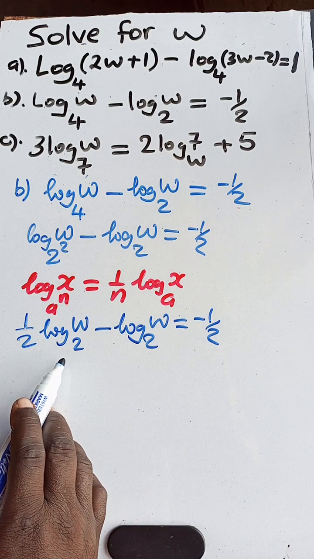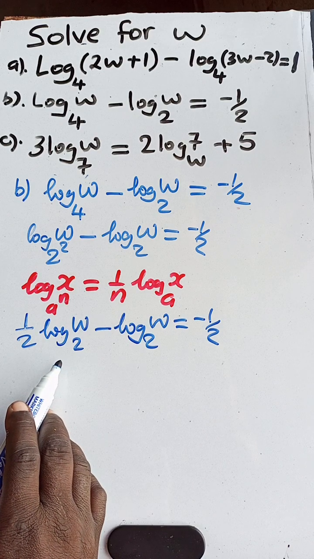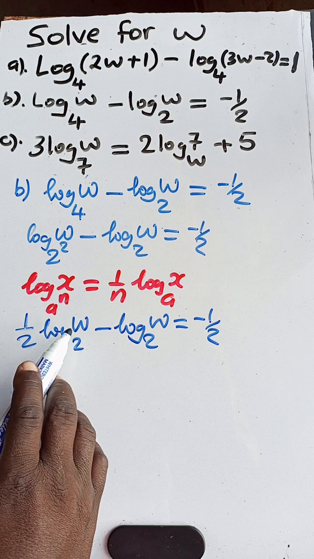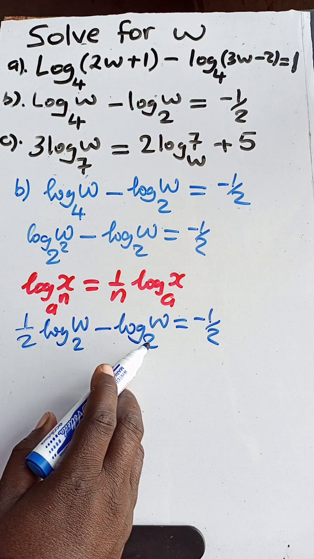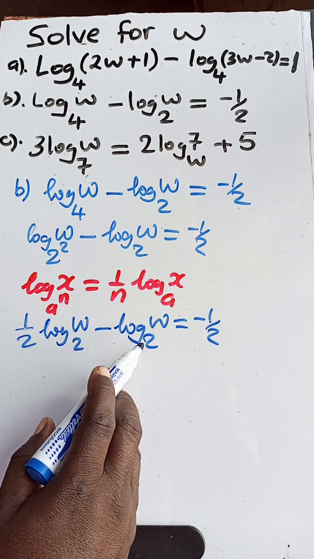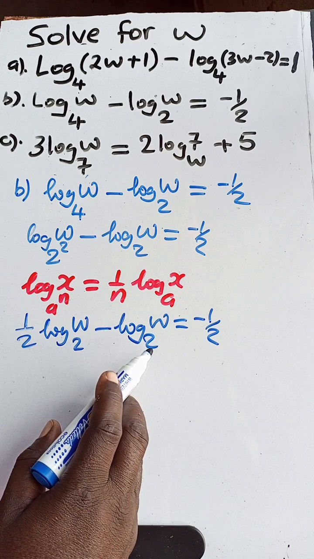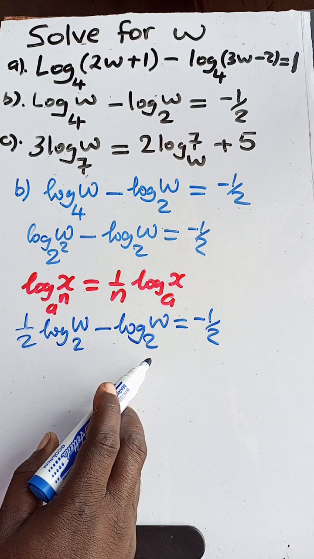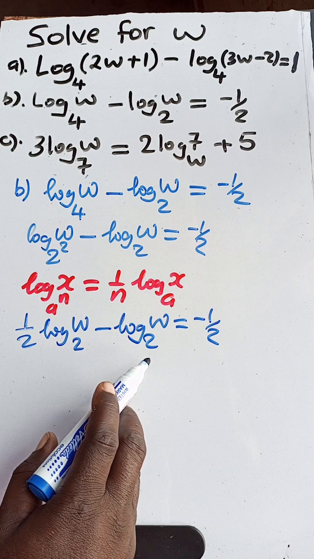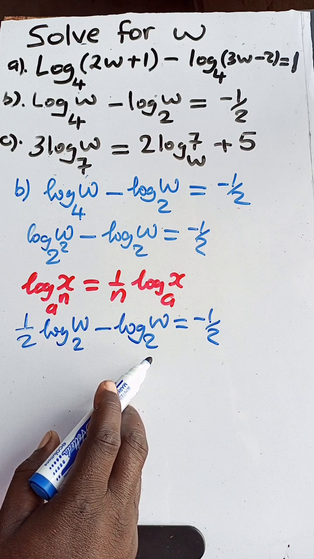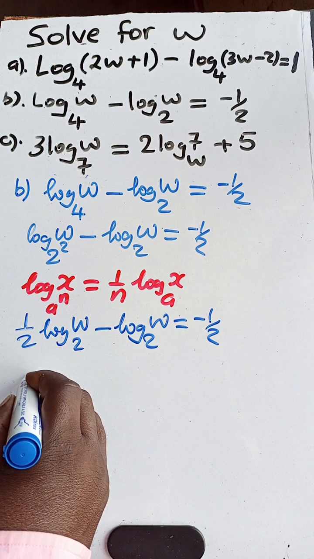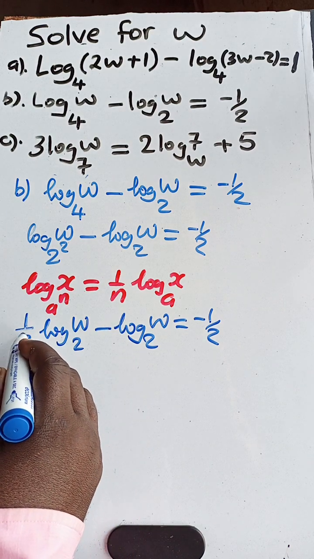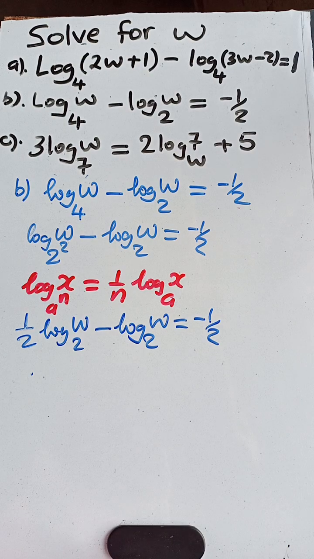All right? So what do we get here? A half log w to the base 2 minus a half minus log w to the base 2. That gives us, from the law of what we have here, this law. Pay attention.